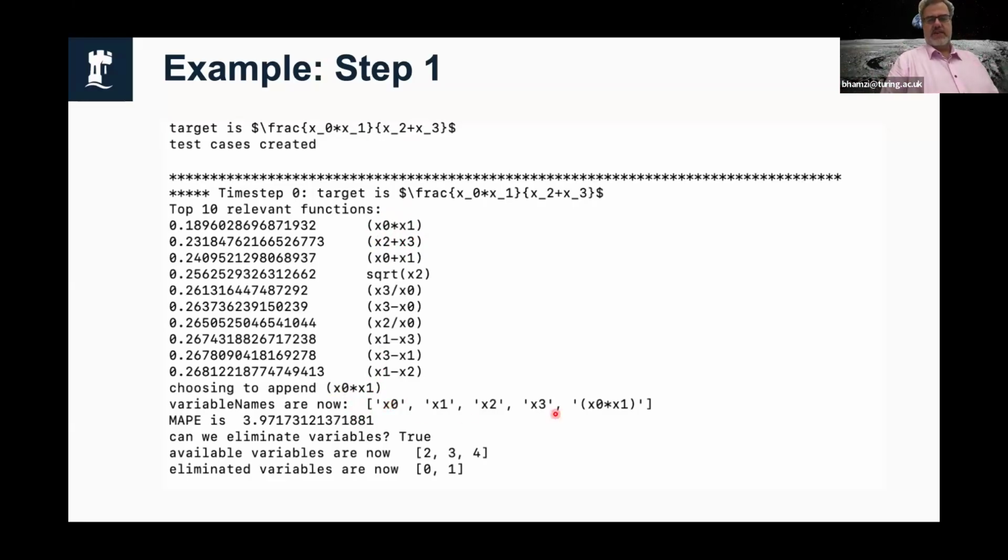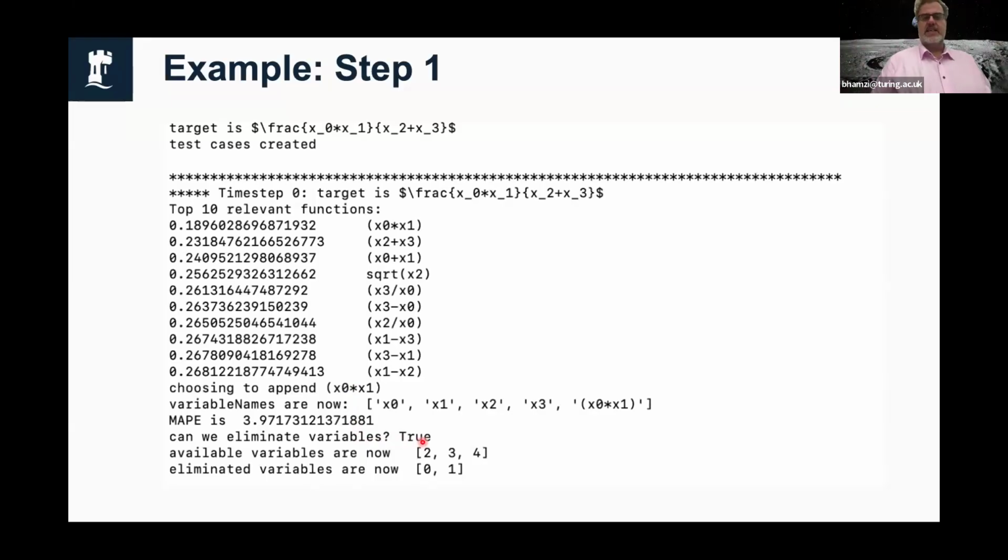So we add that to our list of variables, and then we do that procedure for deciding whether we can eliminate it. So we repeat this with this included and the x0 included and x1 included and x0 and x1 included. There's a threshold for how much that's improved, and then we say, can we eliminate it?